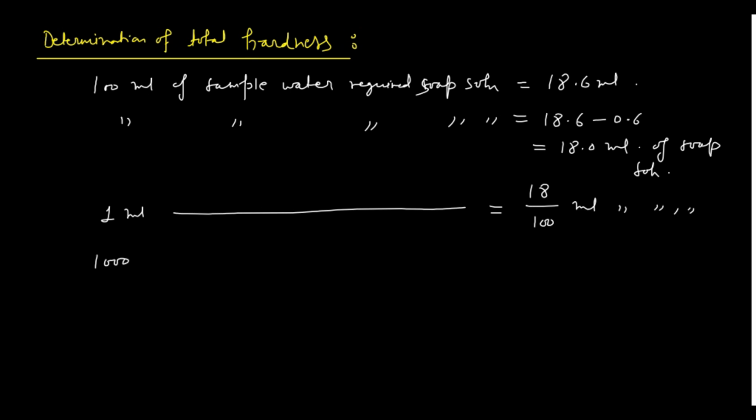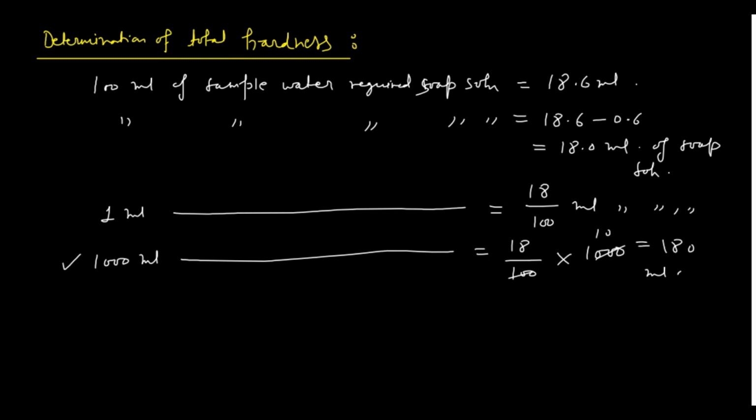Generally we determine the hardness in milligram per liter or ppm, so we have to calculate for the 1000 ml. For 1000 ml you will have 18 by 100 multiplied by 1000, so it is 10 times. Here it is 180 ml of soap solution, right?